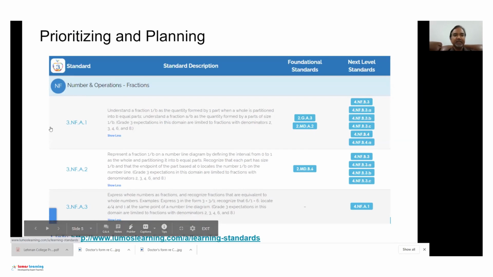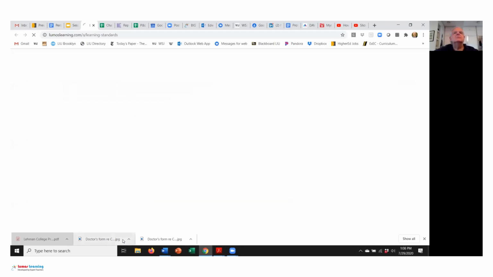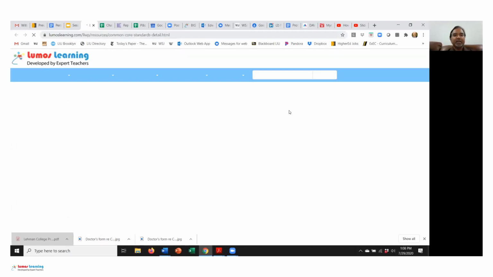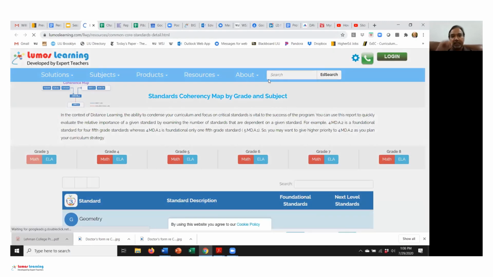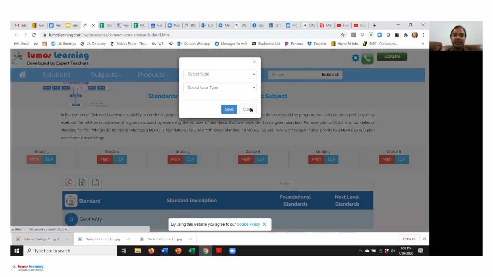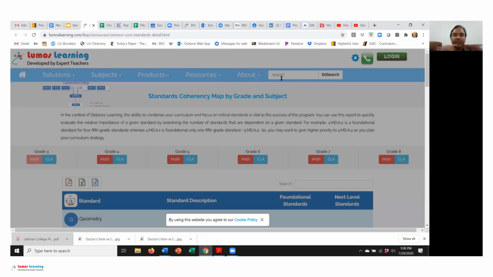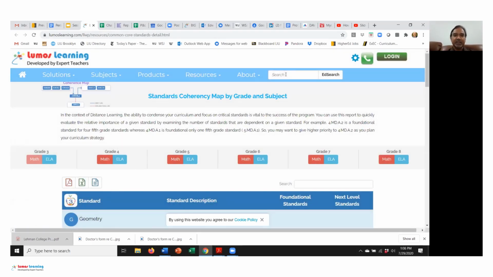I just click on that image or the link, which is the URL. Yeah, excellent. And so when you first open this page, it asks you to select your state. One second, no. If you could go back and refresh the page, let's select the state, because the standards would be hit refresh.